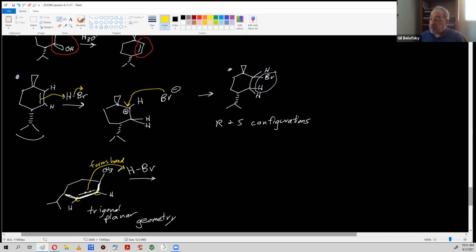Realize that that can happen on the top face, as I have it here, or can occur on the bottom face, because this is flat, essentially. Trigonal planar is flat. Can happen below, for want of a better word.